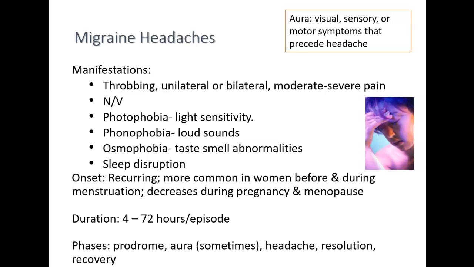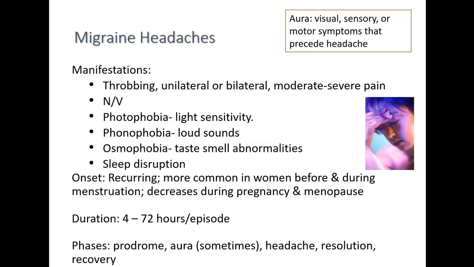So manifestations of migraines, again, it really depends on the person, but throbbing, unilateral or bilateral, moderate to severe pain, can often cause nausea and vomiting, photophobia, so photo, right, like picture, light sensitivity, phonophobia, like phonograph, is loud sounds, and then osmophobia, taste and smell abnormalities.